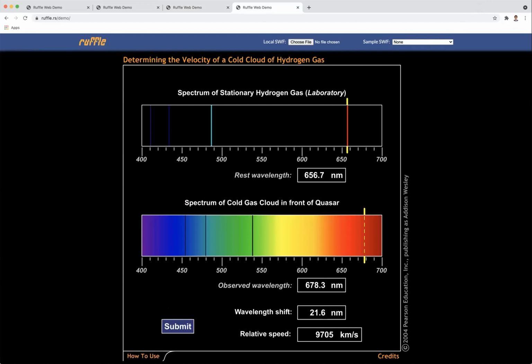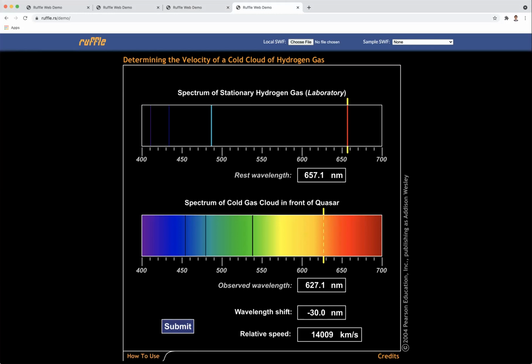And you can guess the velocity of that cloud. For example, let's say that this is my line. I can identify my line here, and then let's say that I want this line to be shifted here instead. Then it can give me that the wavelength shift is this much and the relative velocity is this much.